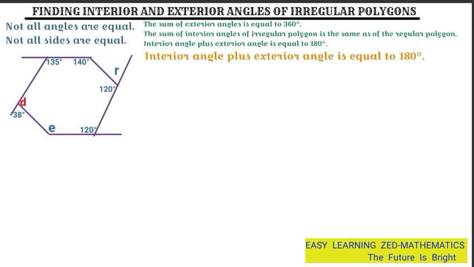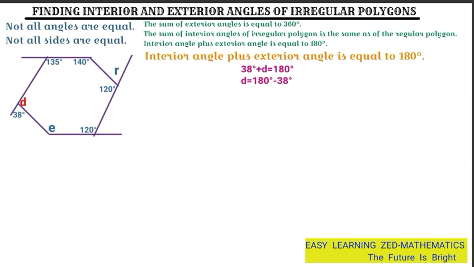So I'm going to write that expression: 38 plus D is equal to 180 degrees. Then I put like terms together: D is equal to 180, and 38 degrees crosses the equal sign and becomes minus, so D is equal to 180 degrees minus 38 degrees.